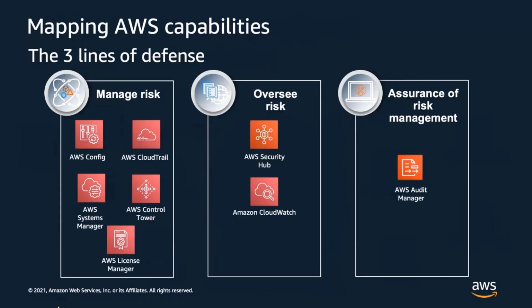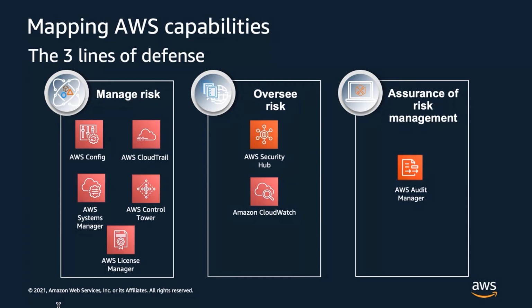To help us understand this, we're going to go through the guidance the Institute of Internal Auditors provides, called the 3 lines of defense. As per this model, the business unit, frontline function, and implementers own and manage risk and compliance. This is called our first line of defense, manage risk.